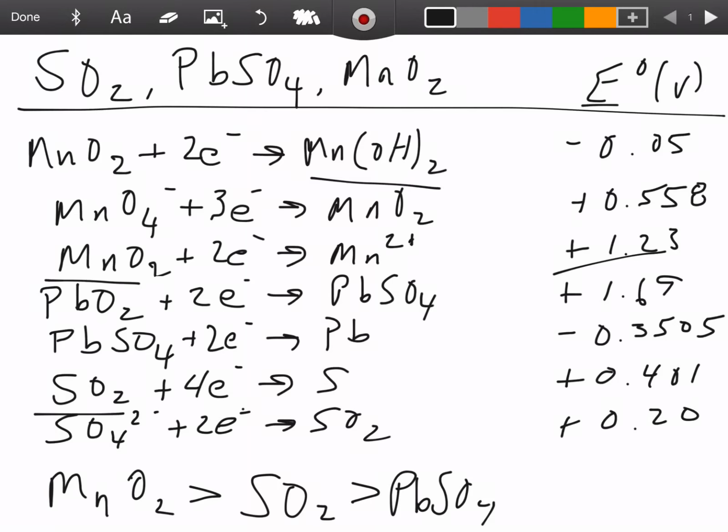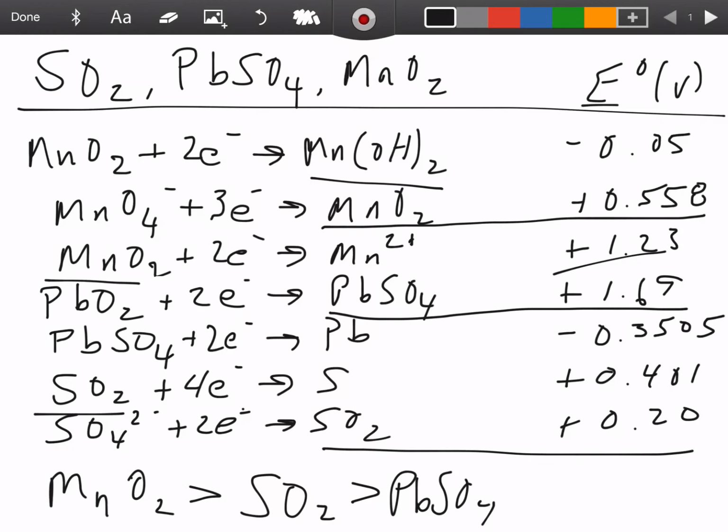So Mn(OH)2 is a reducing agent because it gets oxidized, and all the species on the product side are going to be reducing agents. Which one gives me the best: MnO2, lead sulfate, or SO2?